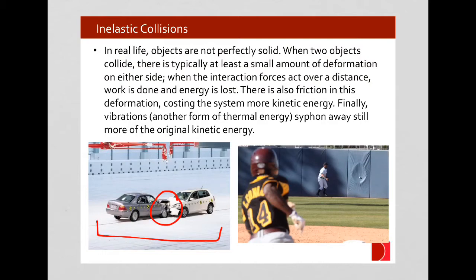In that situation, the tennis ball is being deformed, and there's friction in that deformation, which causes the ball to heat up but costs kinetic energy. Beyond those two energy losses, there's also vibration, another form of thermal energy, which can siphon away some of the original kinetic energy. You see that here at a baseball game.